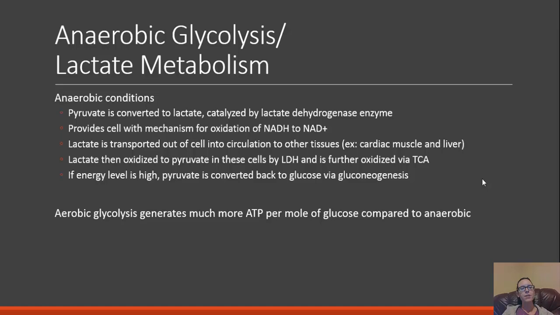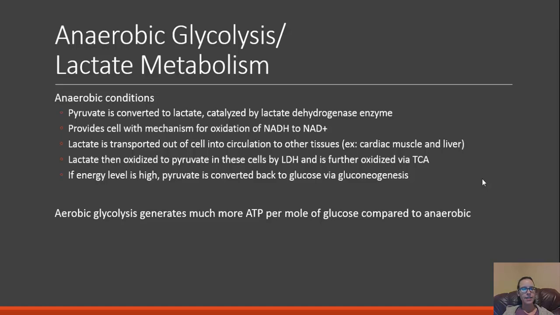This provides the cell with a mechanism of oxidation of NADH to NAD+. Then we can use that NAD+ for the pyruvate dehydrogenase reaction we talked about in the last slide. So it's a mechanism to get the substrate NAD+ to be used in further reactions.